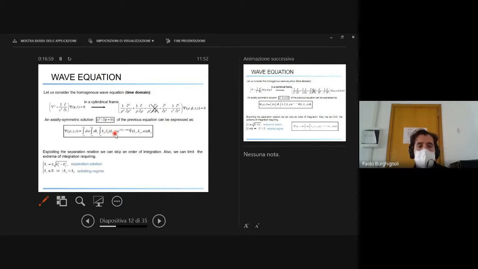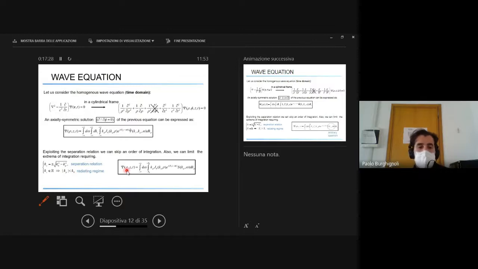And we can still simplify this integral representation of a generic solution of the wave equation if we exploit the separation relation and we enforce the wave number along the z-axis to be real, basically by enforcing k_rho to be in the radiating regime.